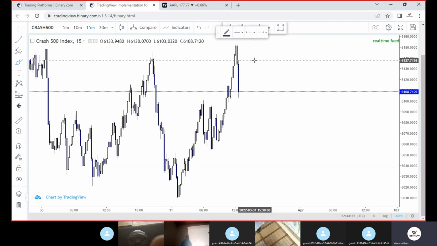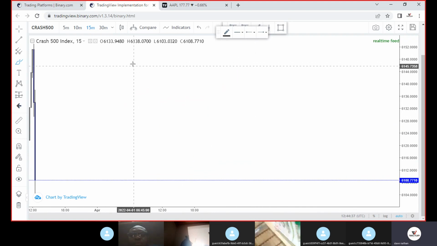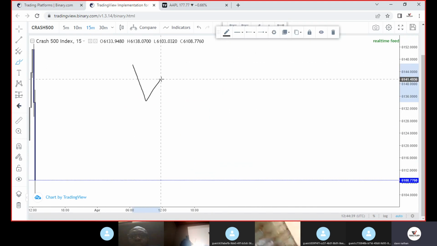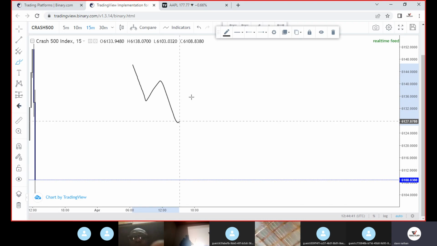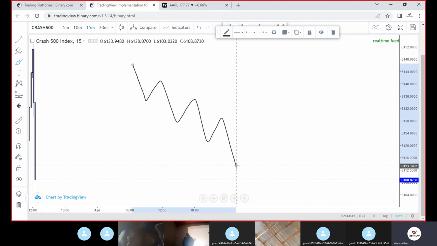All right, so whenever price is making a series of lower lows and lower highs, lower lows, lower highs, we can clearly say we are in a downtrend. So just have it in mind.